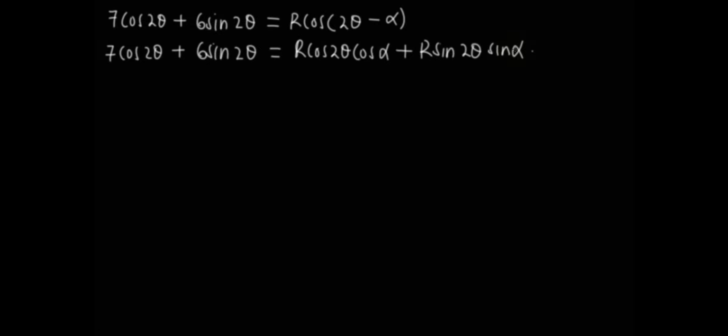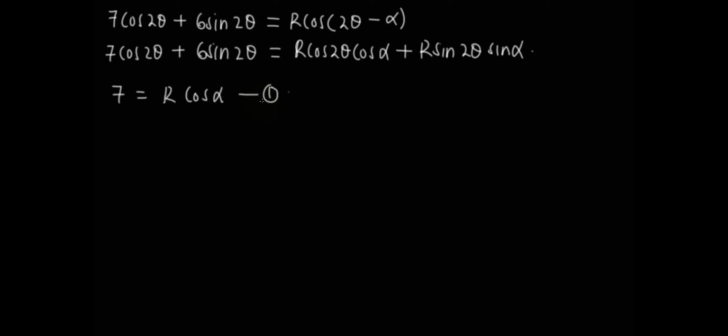Okay, so we compare the coefficients of cos 2θ on both sides. On the left hand side, we have 7 cos 2θ, and the coefficient of cos 2θ is 7. On the right hand side, the coefficient of cos 2θ is r cos α. So 7 equals r cos α, and we call it equation number 1.